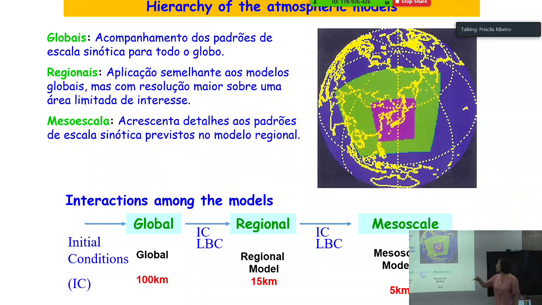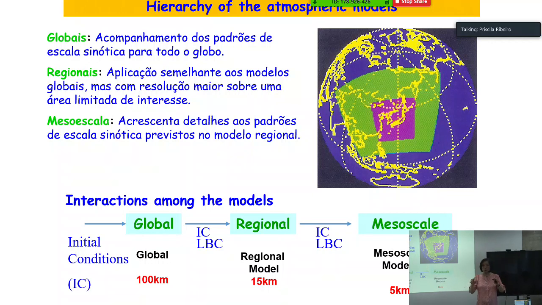So there's a hierarchy of atmospheric models. It's mixed up with Portuguese, sorry. But the idea is that you have a global model that reproduces the phenomena globally. Things that are happening on the other side of the globe may have an influence on this side of the planet. So things are linked.